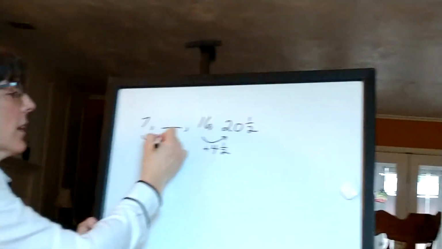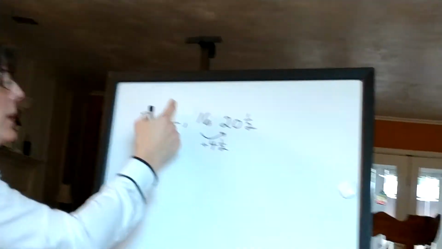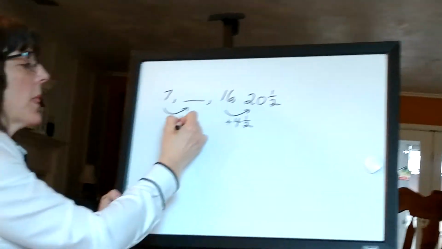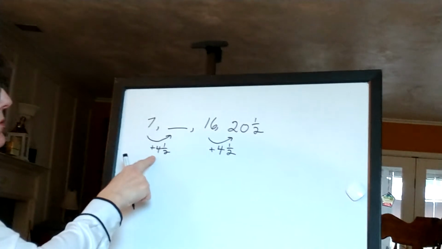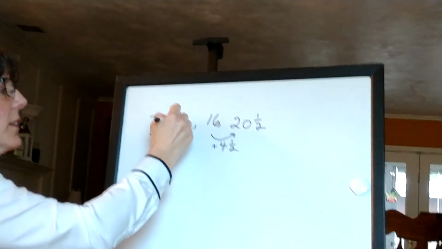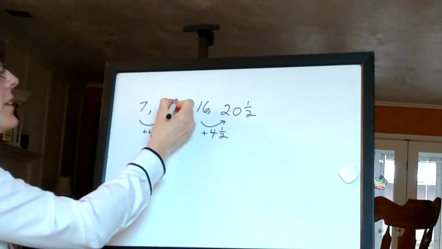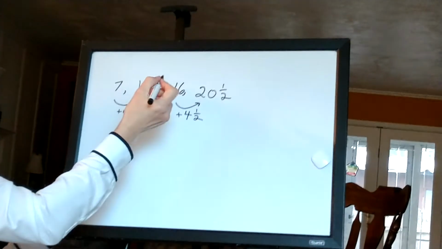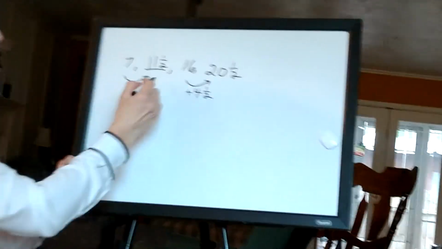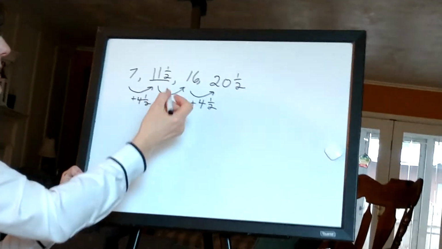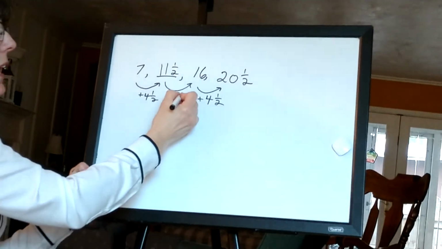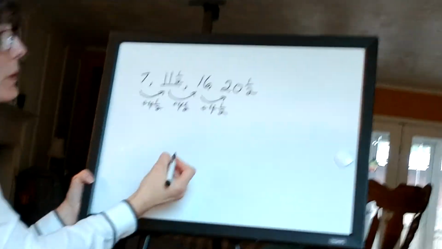Well, now we have to add 4 and a half to 7, because we want to make sure that we know what number fits in there. So 7 plus 4 is 11. Adding another half is 11 and a half. Well, now we have to make sure that to get from that to that, adding 4 and a half really does work.